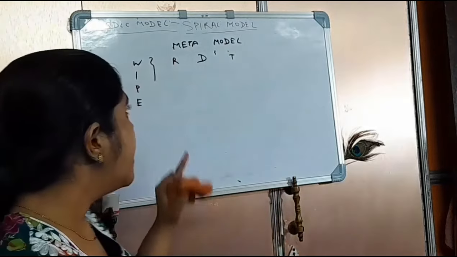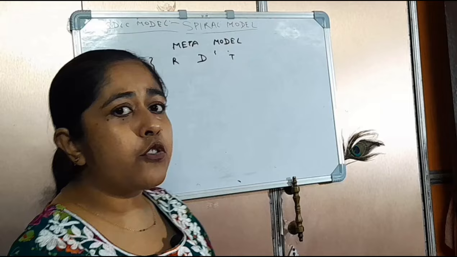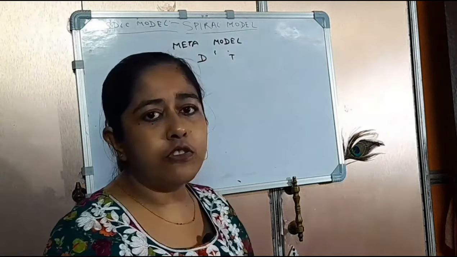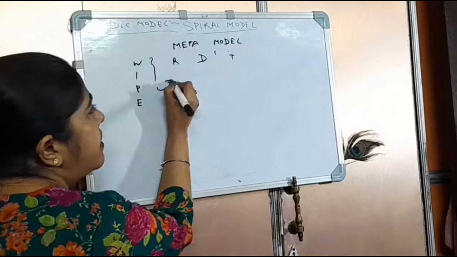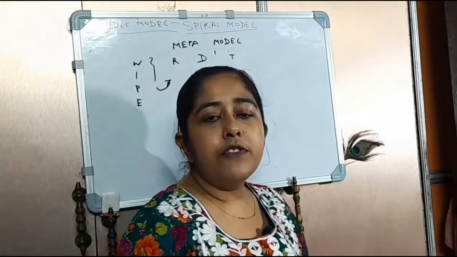Now, if for any particular phase you want to make some prototypes or give them to the customer for validation, you can use that also. So this is again the same thing in an incremental way or evolutionary model.